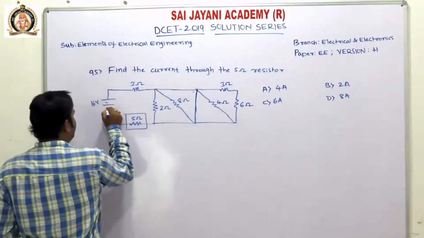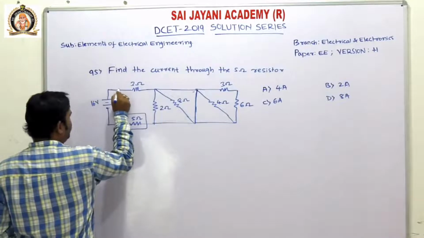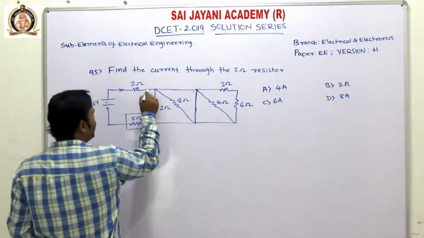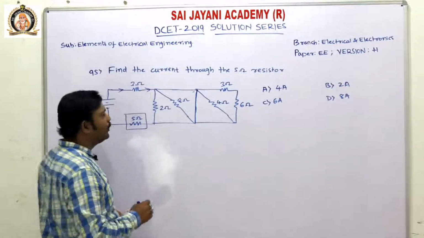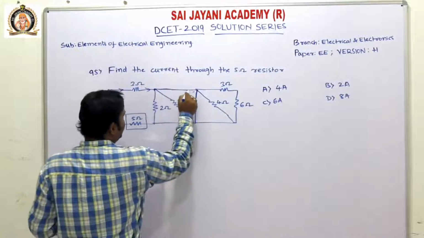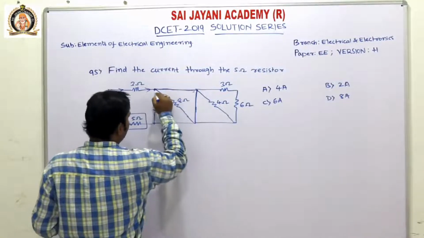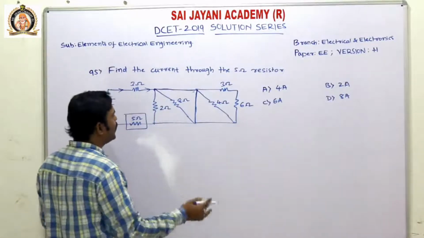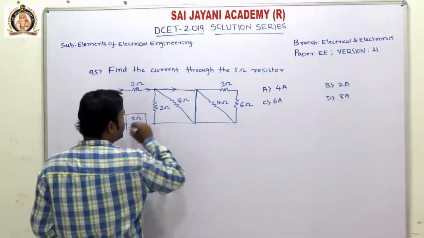See here, the current from the source comes like this, and here some voltage will drop. Current again comes here. At this junction there are three paths: one path is this, one path is this, another path is this. Where does the current flow? Current flows in the lowest resistance path.